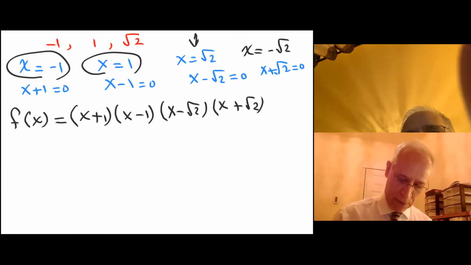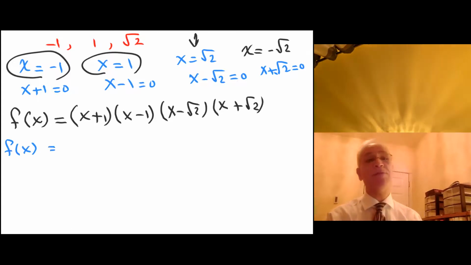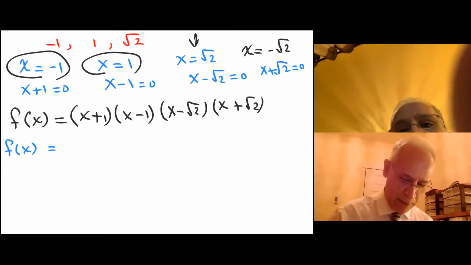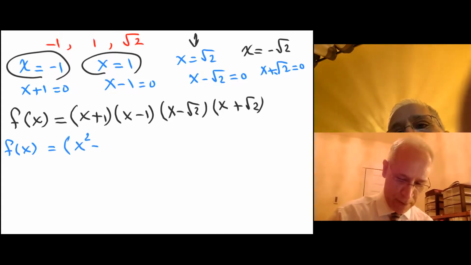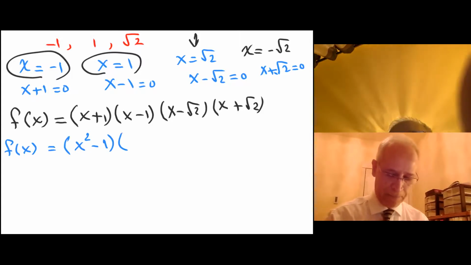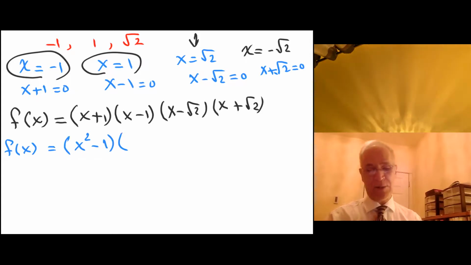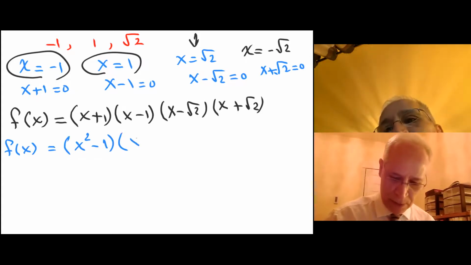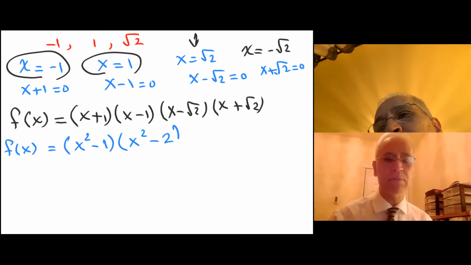So f of x equals x plus 1 times x minus 1, which gives me x squared minus 1. And x minus root 2 times x plus root 2 gives me x squared minus 2.